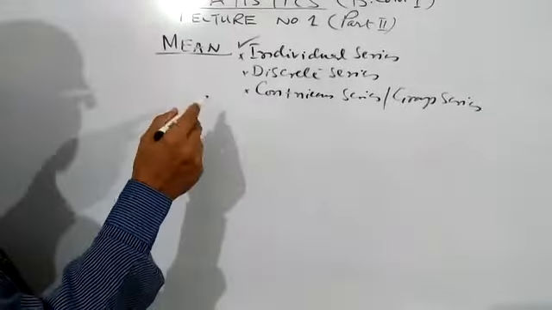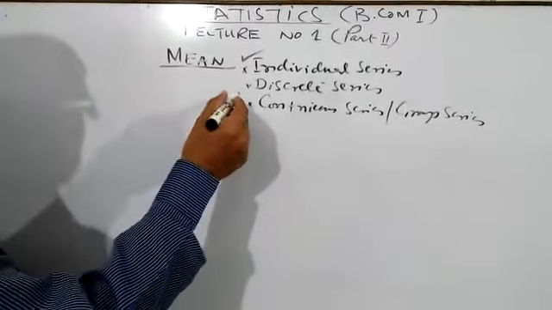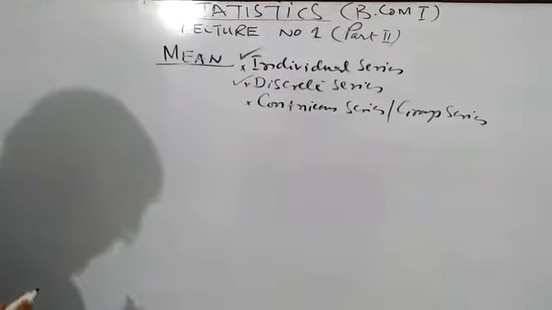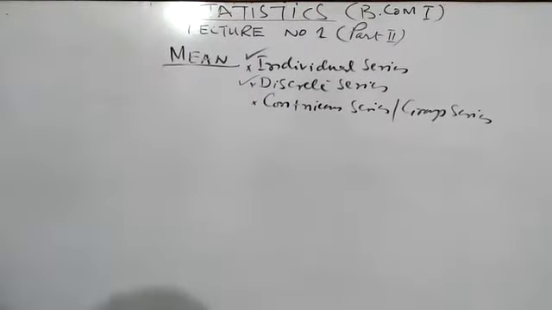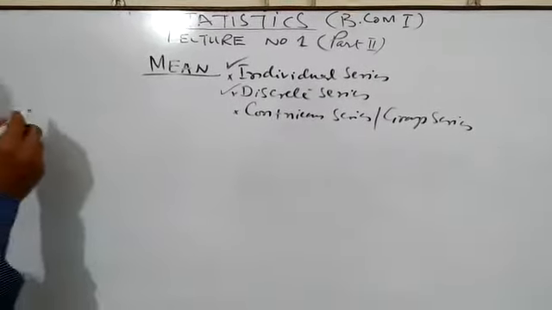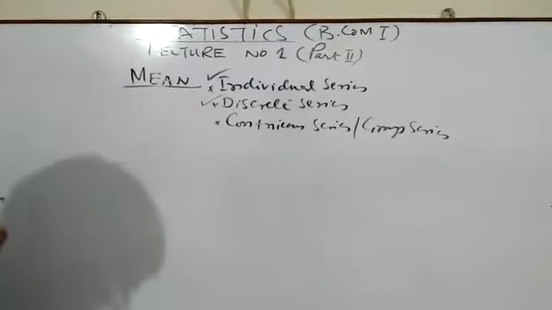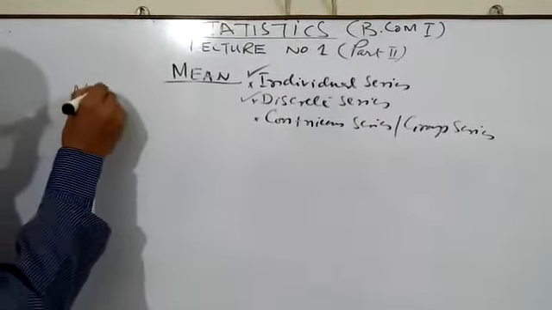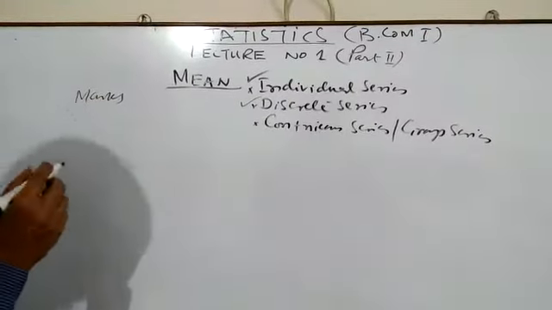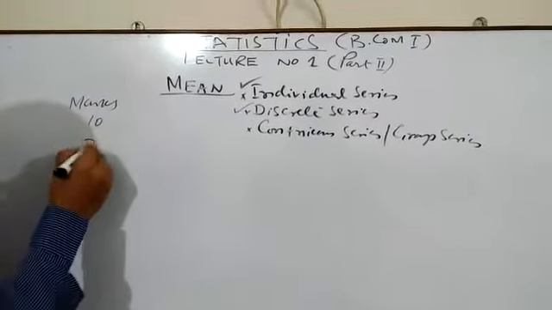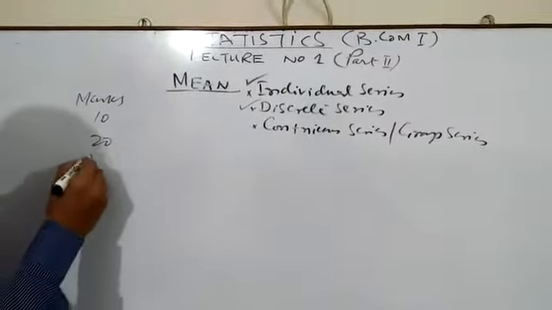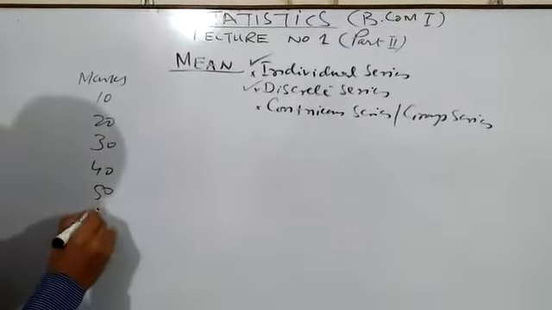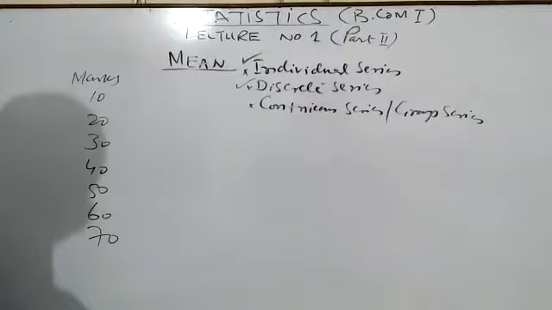After completion of the individual series, we are proceeding to the discrete series. The other series is the discrete series. In this question there are 6 students, and they have taken marks: 10, 20, 30, 40, 50, 60 and 70.